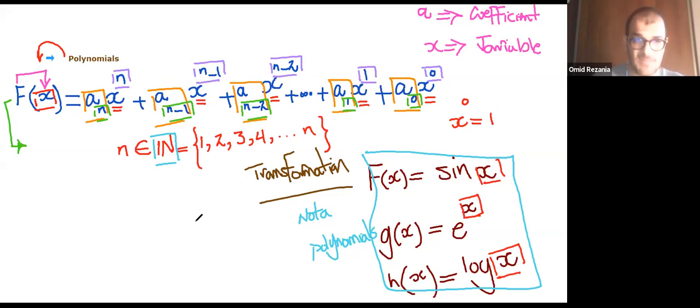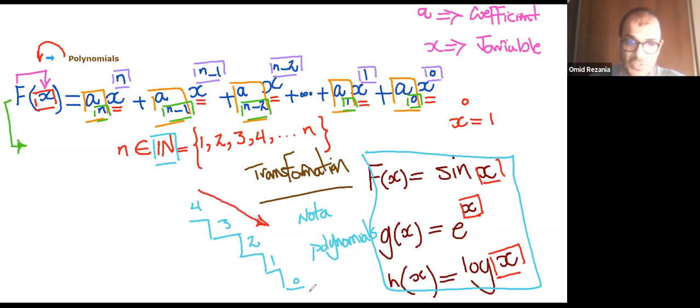For example, n is here, say 4. Then you go to step 3, then one step further to 2, then to step number 1, then you go to 0, which is going to be the ground. It's like the stairs: you descend from the top of the stairs all the way to reach the ground, which is this level.